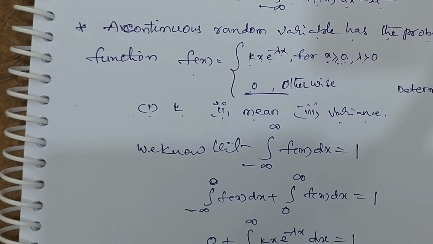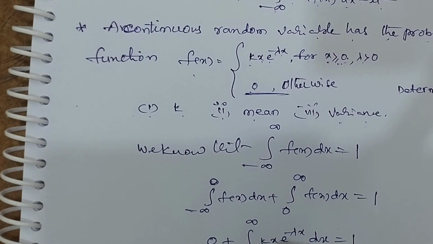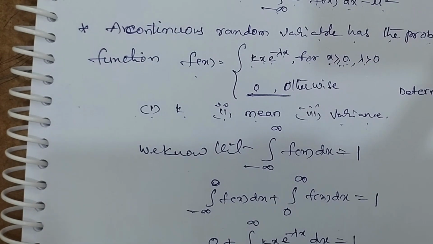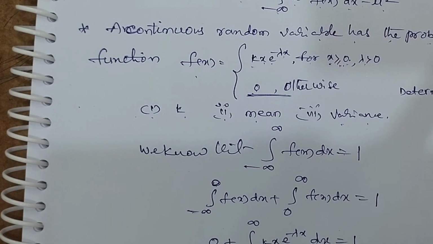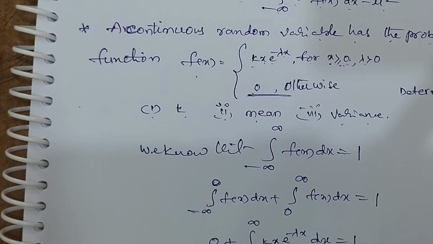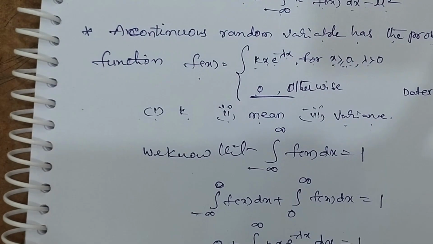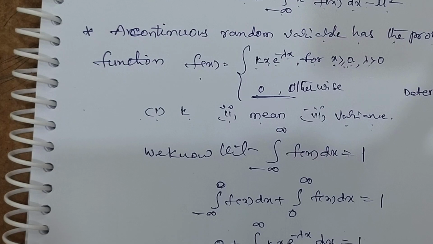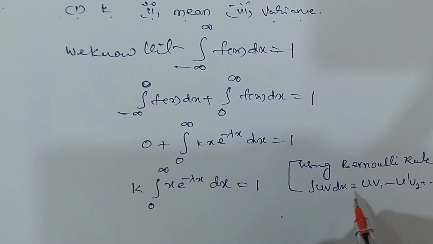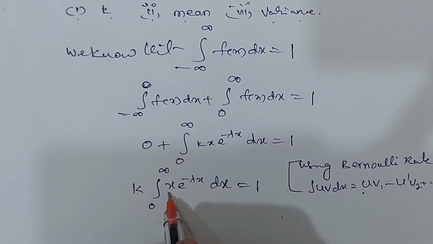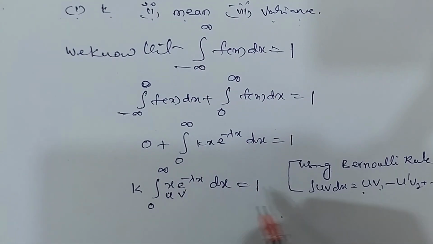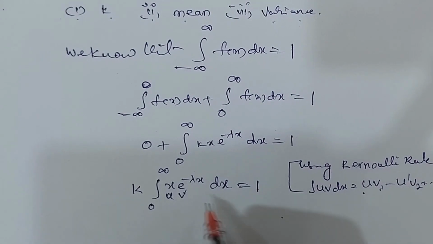So apply the integration using Bernoulli's rule. The integration of u into v dx is equal to u into v1 minus u dash into v2 plus u double dash into v3. Here u is the first value, v is the second value, and v1 means the integration of v.